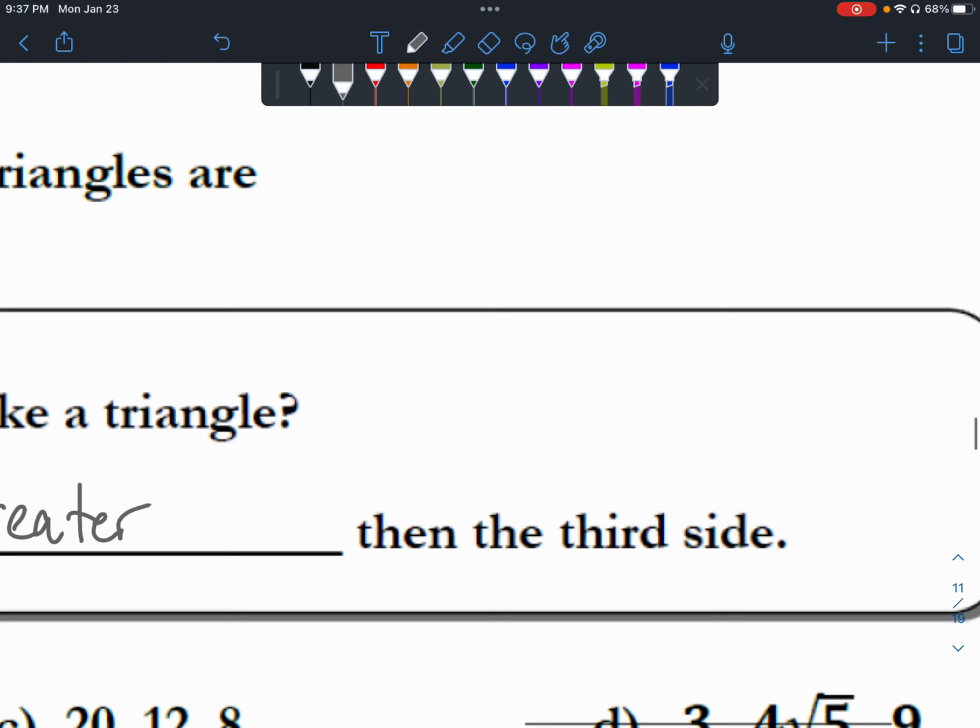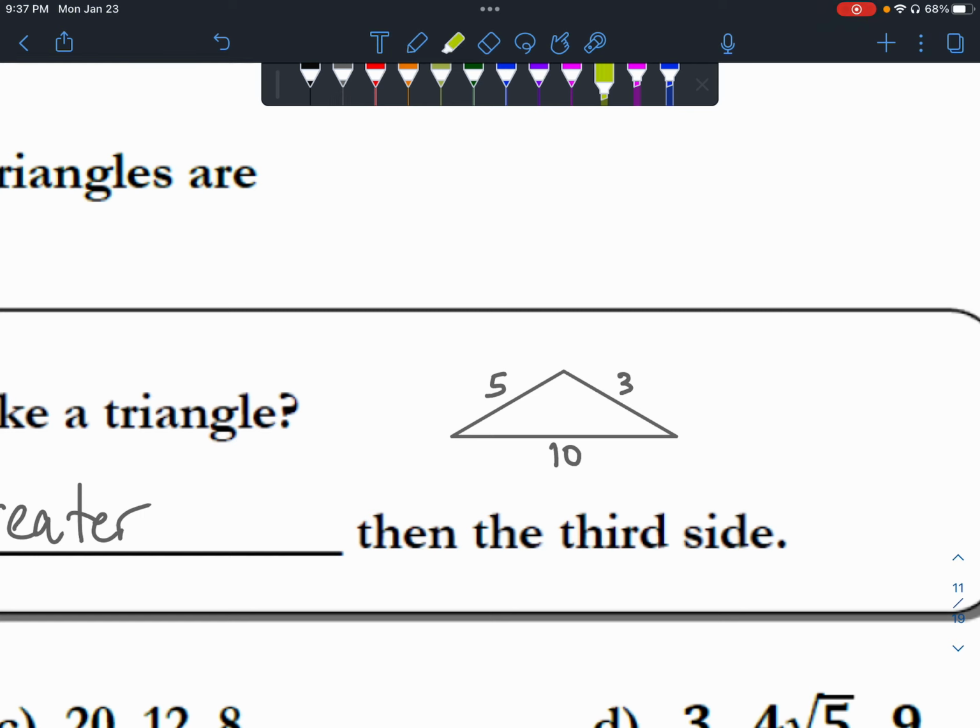Let's say I have a side length right here of 10, and two other sides, one here and one here, with values of 5 and 3. Although I have drawn this triangle and it looks enclosed, this triangle is actually a non-realistic triangle.